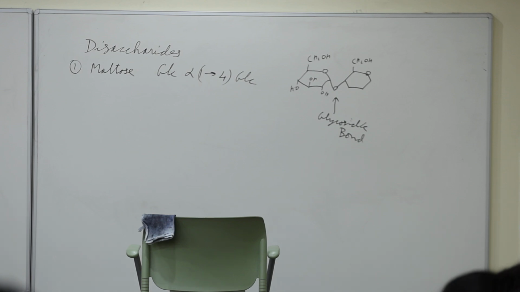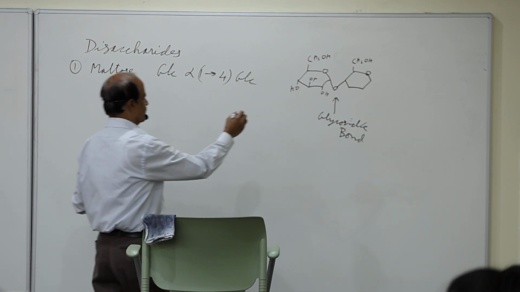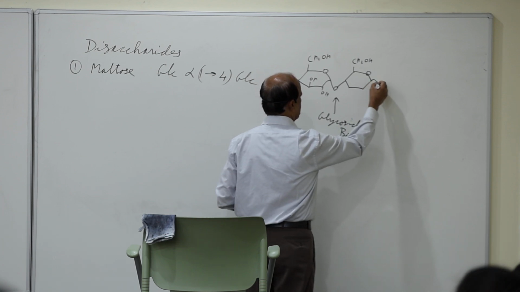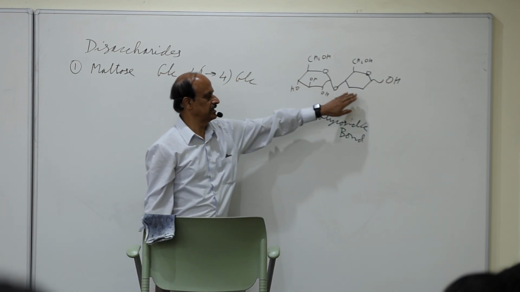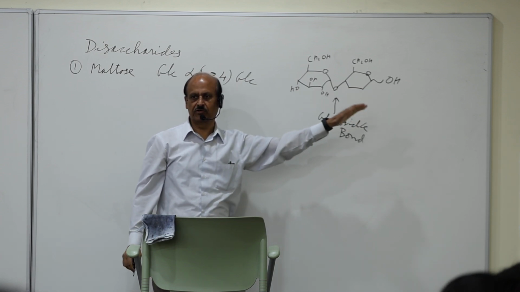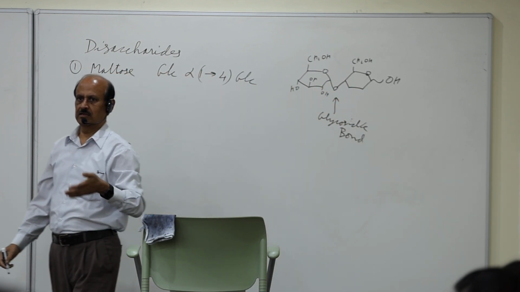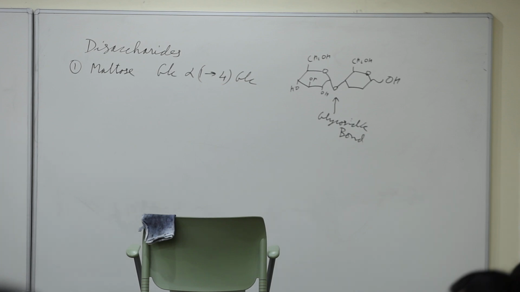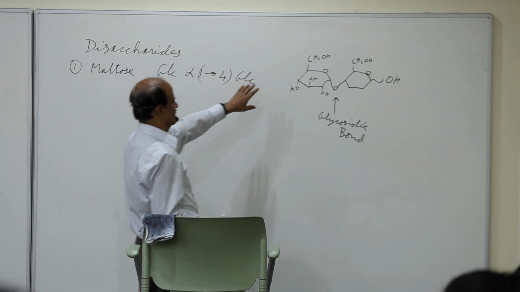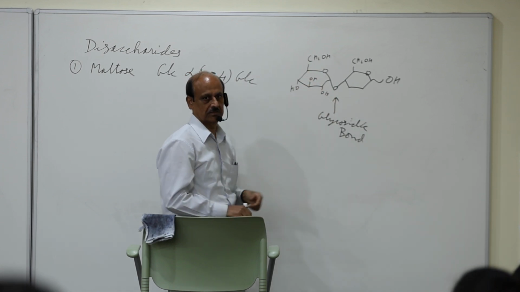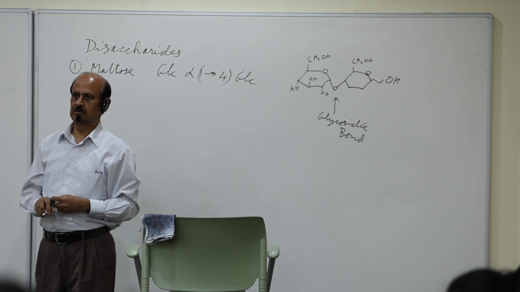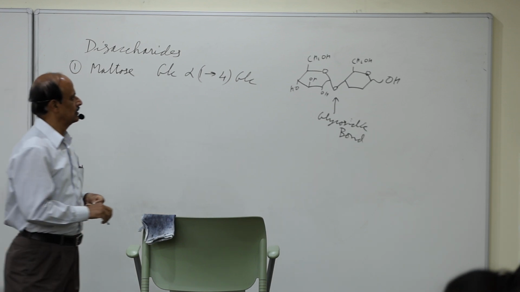And the other anomeric carbon is on this glucose, which can be up or down. So you will always have this ring converting to the linear form and then ring again, and every time it does that, it will give you a mixture of alpha and beta. Whereas this ring will not open up, it will not become linear, it will stay like this because this is a glycosidic bond which does not go back and forth.